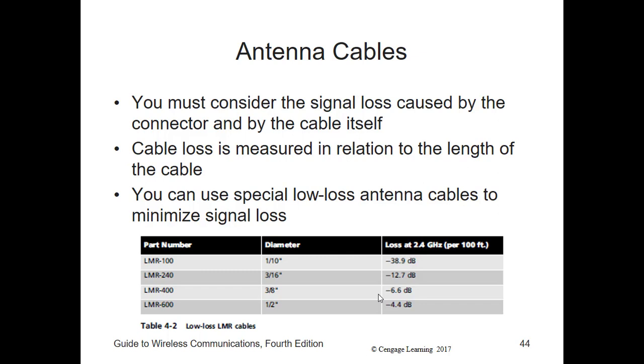So, for example, if you needed to install an antenna about 10 feet away from the transmitter, an LMR 100 cable would introduce a loss of 3.9 dB, which is 39 dB divided by 100, which is 0.39 dB per foot, times 10.